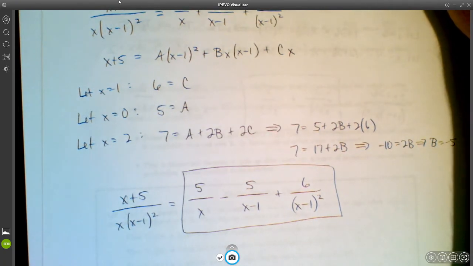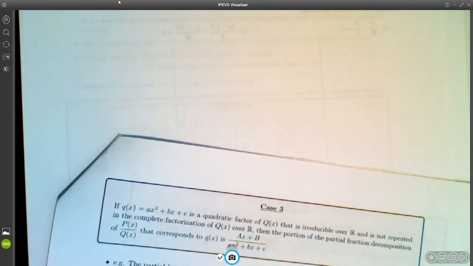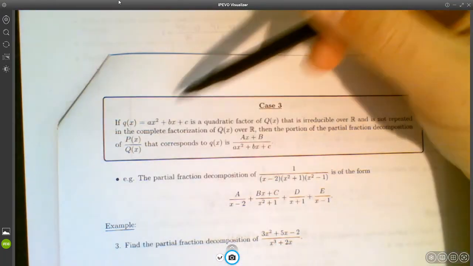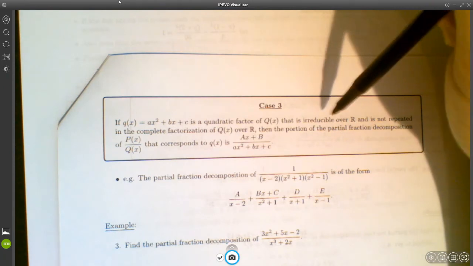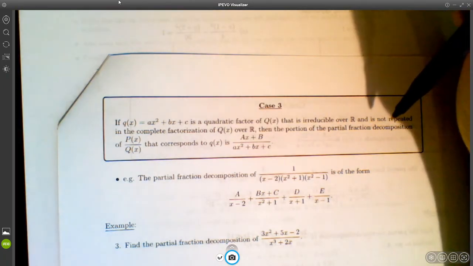Okay, so that's how case 2 works. Let's look at case 3. Case 3 is when you have a quadratic factor that's irreducible over the reals, and it's not repeated. Okay?